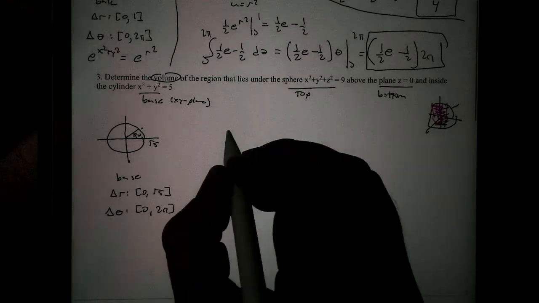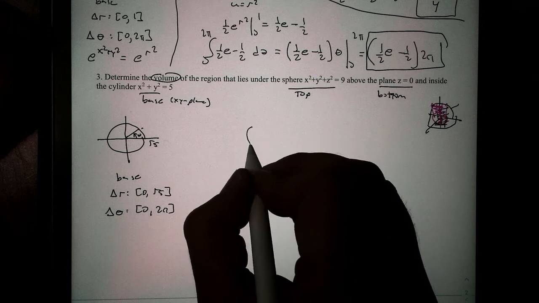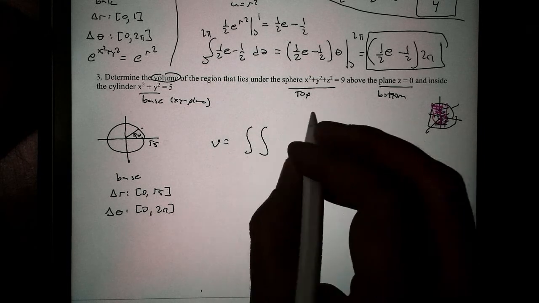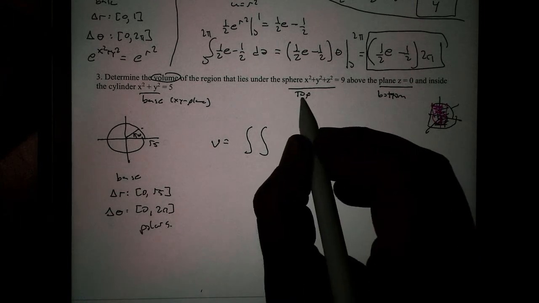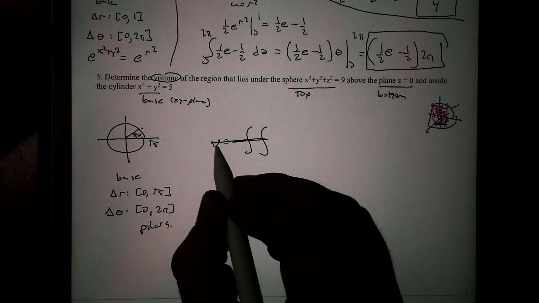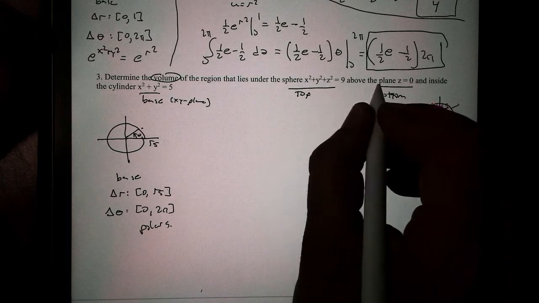Now, right now, what I'm looking at for my double integral for my volume, you've got to be careful. We are in polars, so these are not in polar functions right now. Before we do our volume, we should probably convert these into polars.